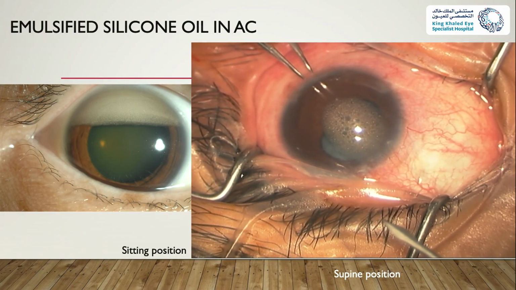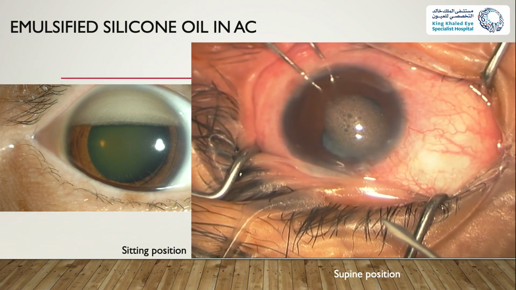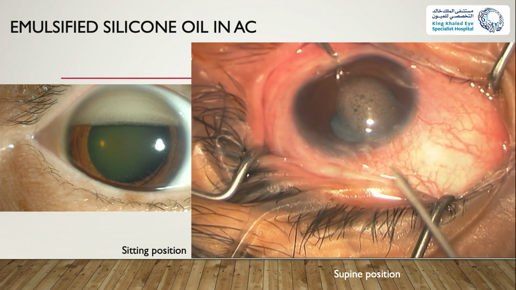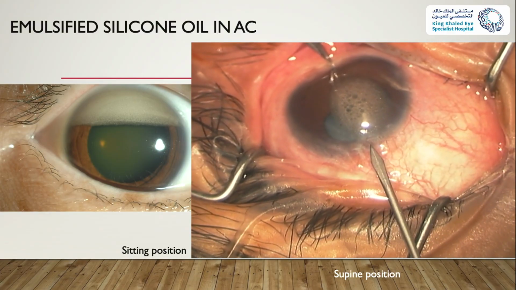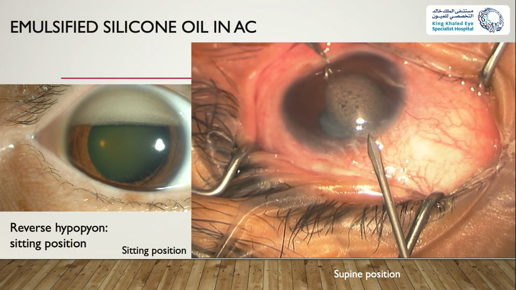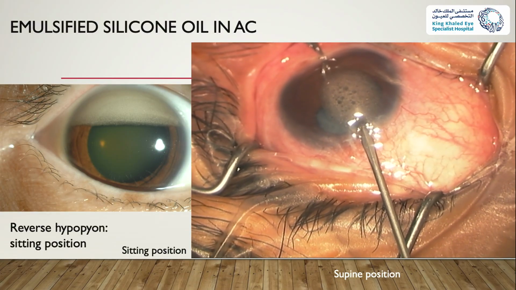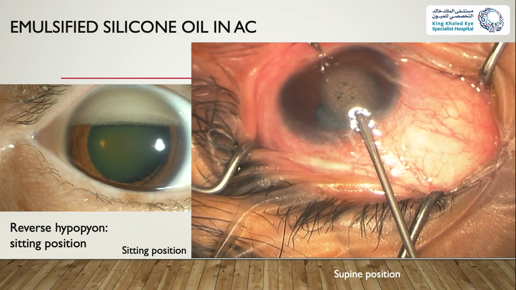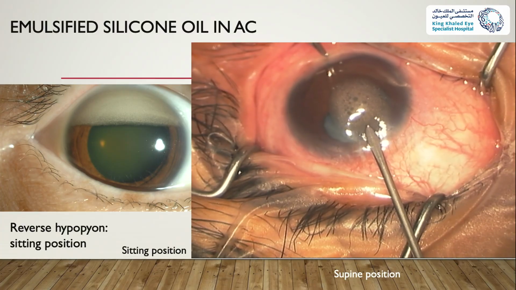So this is emulsification. This is when you have oil, in the sitting position or in the lying down position. In the sitting position, we call it reverse hypopyon. In a supine position, the oil is often in the front.